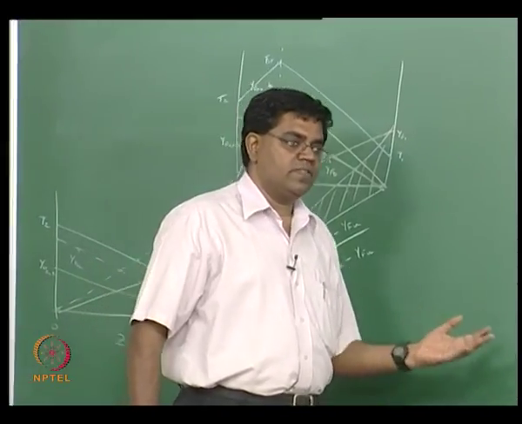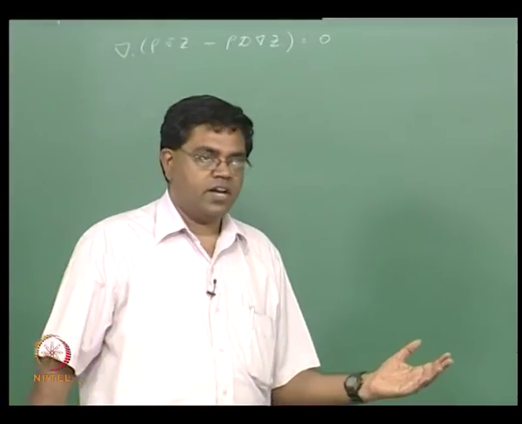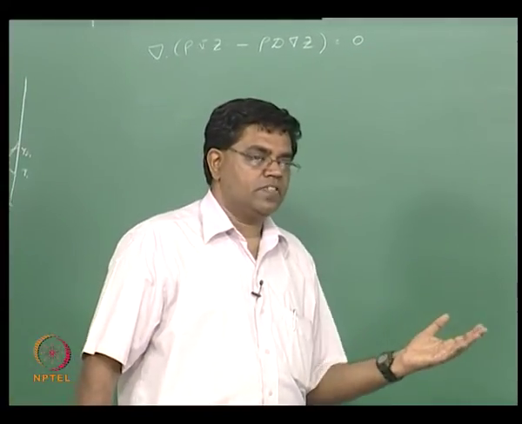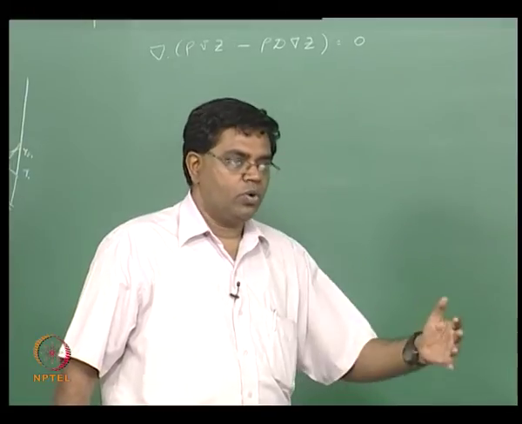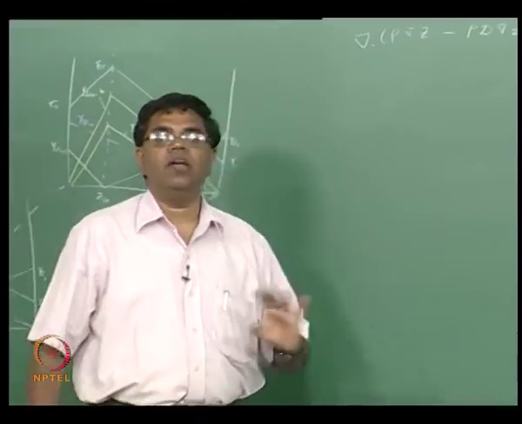So long as the mixture fraction is essentially defined based on the element mass fractions, and in a combustion process the chemical reaction that we are going through conserves elements, it does not really destroy the elements.